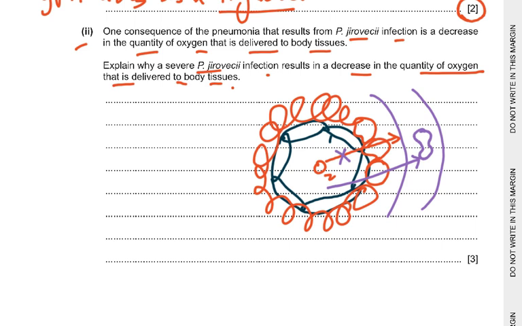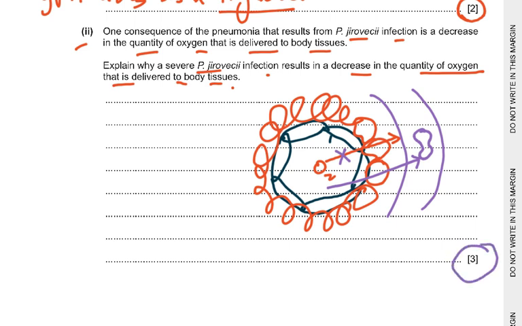Less oxyhemoglobin formed. And alveolar air is not refreshed because elastic fibers do not stretch and recoil, they are impaired. So the elastic fibers do not stretch and recoil, alveolar air not refreshed, so there is a decreased diffusion gradient.